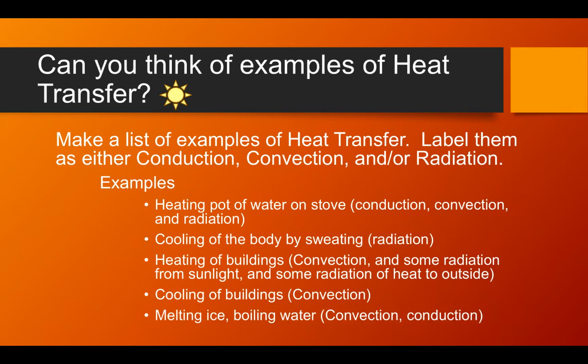Cooling of the body by sweating is a form of radiation. Heating of buildings involves convection, and some radiation from sunlight and some radiation of heat to the outside. Cooling of buildings is typically convection, and melting ice or boiling water is convection and conduction. So multiple forms of heat transfer are involved in many different aspects of life that we experience on a daily basis.